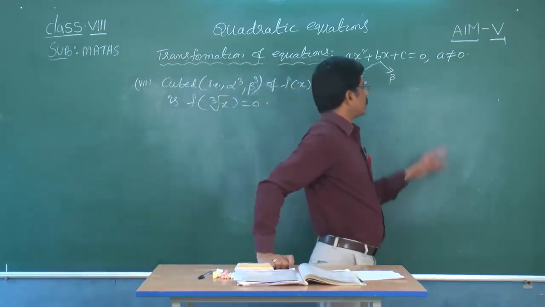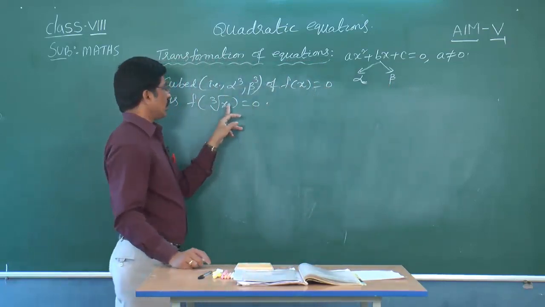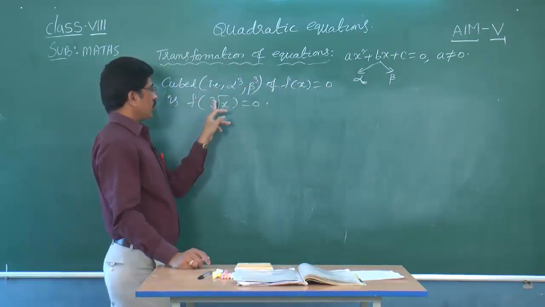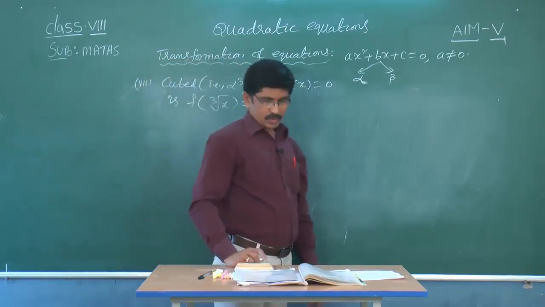Before, for squaring, we took the square root. Now for cubing, we take the cube root of x is equal to 0. See one example.